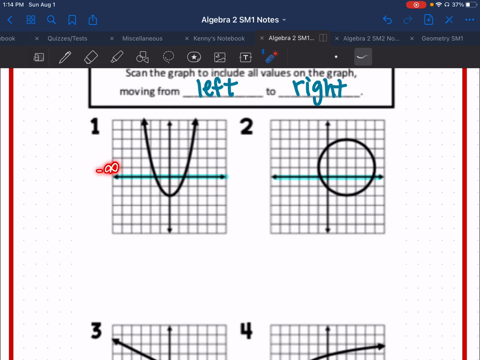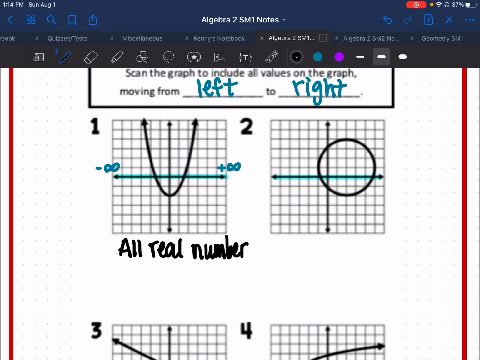Remember, negative infinity and positive infinity. That's not going to change. Let me put it in this color. Negative infinity, positive infinity. So basically, I'm going from negative infinity to positive infinity. So I can simply say that it is all real numbers. I can write those words out, all real numbers. Or I could simply say x is an element of negative infinity to positive infinity.